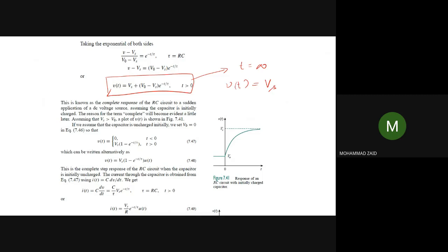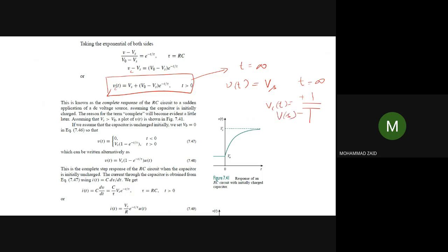It means that the capacitor is now charged to a value equal to the source voltage. That is, at t equal to infinity, the voltage Vc across the capacitor, for clarity we can write Vc, has become equal to Vs.